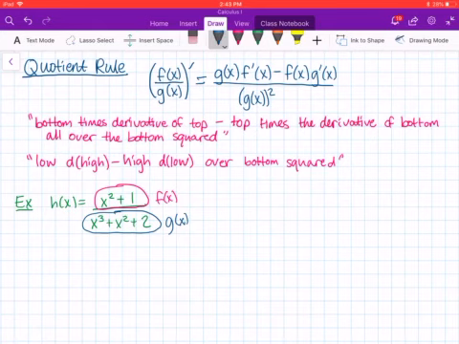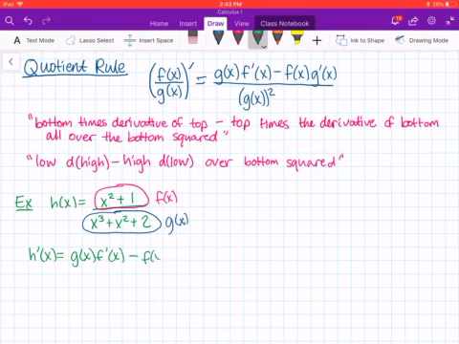We can see that we got to use the quotient rule because we have a quotient. So first things first, we're going to actually write it out. So g of x times the derivative of the top minus the top times the derivative of the bottom over the bottom squared.